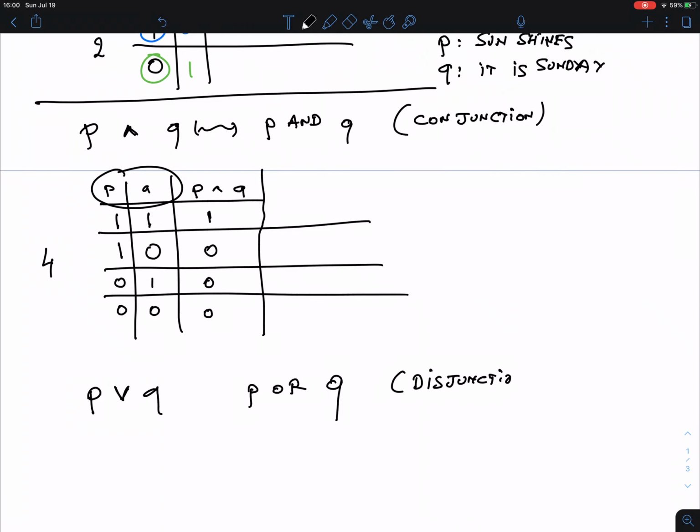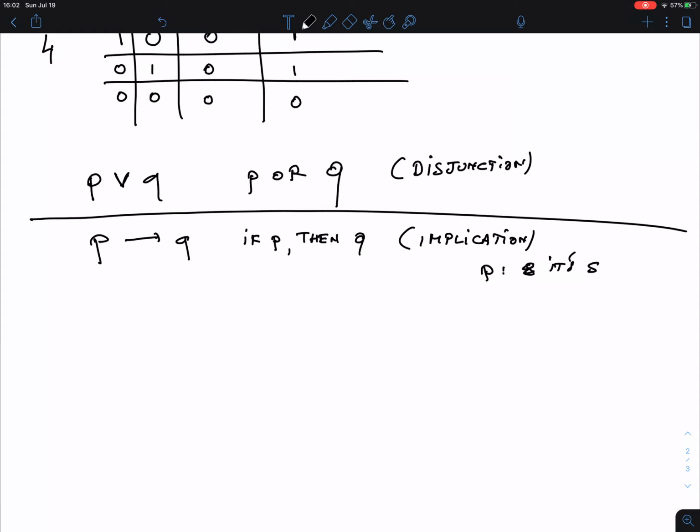So for instance, let's make a different example. Let P be: it is Sunday. And let Q be: we go outside. Normally I say we go to the beach, but nowadays you cannot really go to the beaches anymore, or less certain.